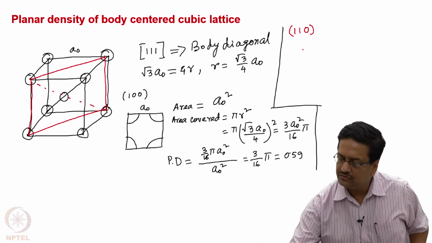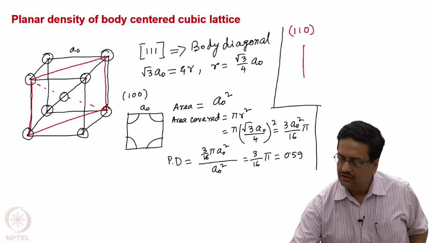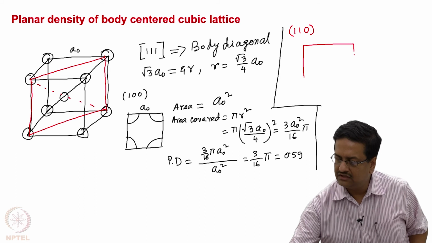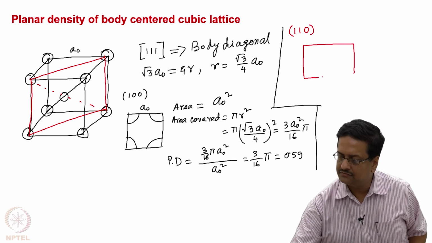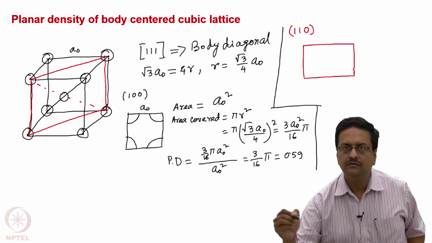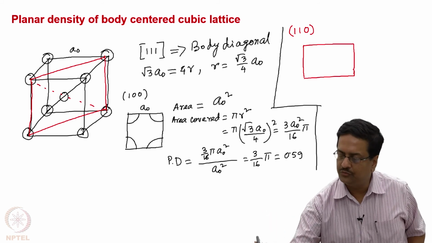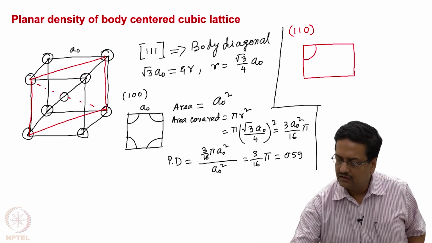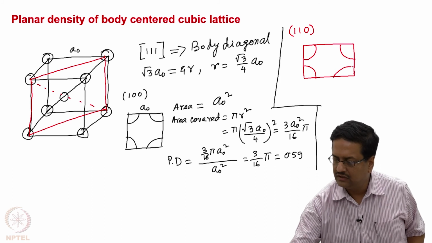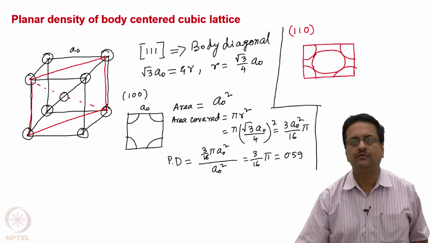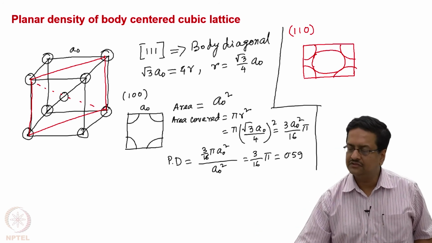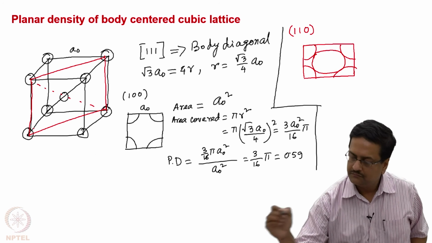If we try to draw the 110 plane in the case of a body-centered cubic lattice, we would have 4 atoms at 4 corners, and the central atom would touch the 4 corner atoms along the body.